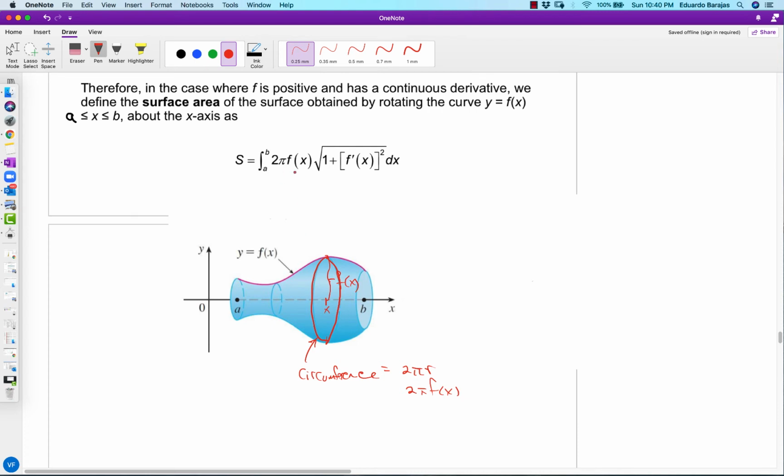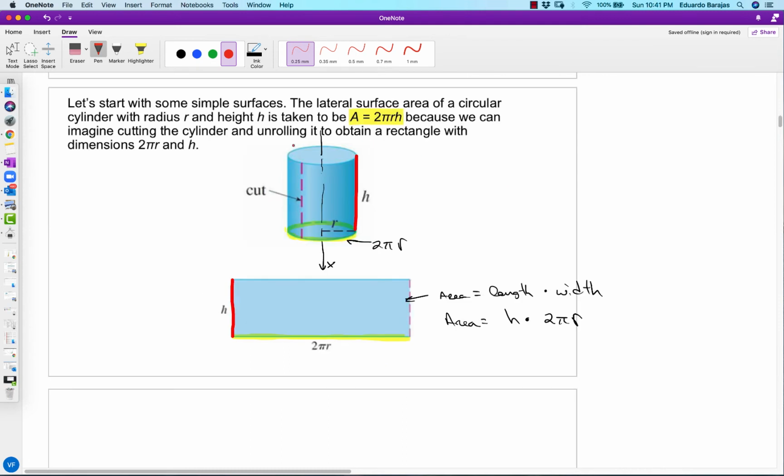So it's like the circumference multiplied by the length of our shape, which again reminds me a whole lot of the case we saw at the very beginning when we had a simple cylinder-looking thing like this and we wanted the surface area. We saw that it was the circumference of the circle multiplied by its height. So this formula is very familiar.